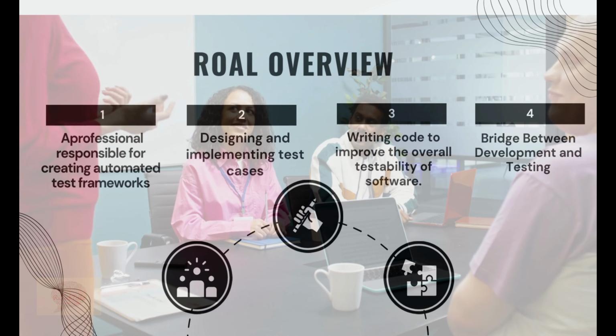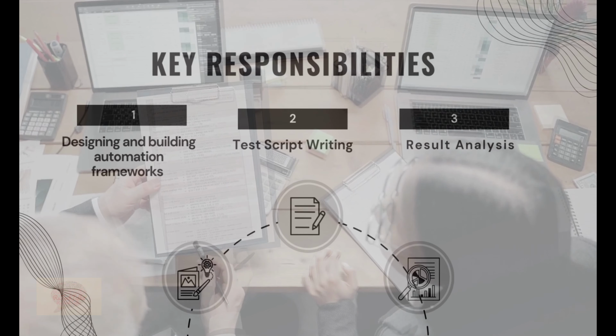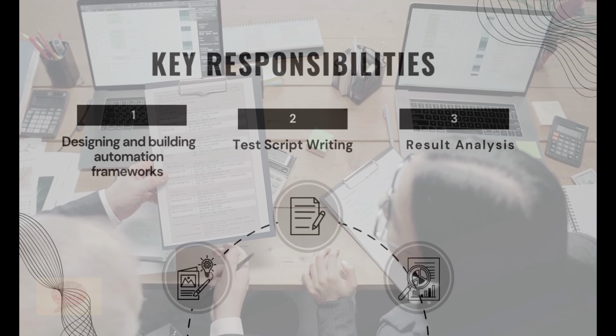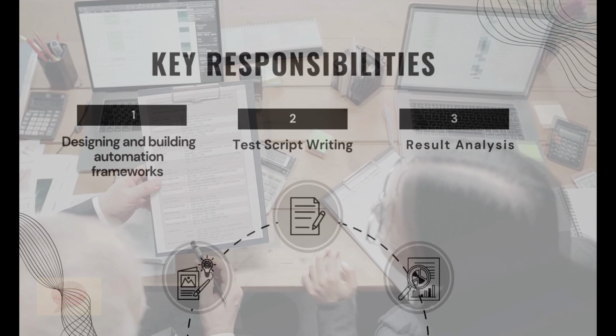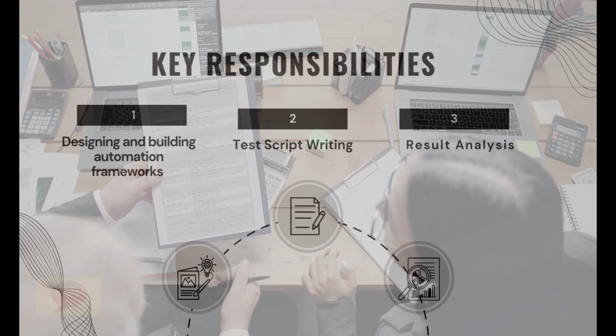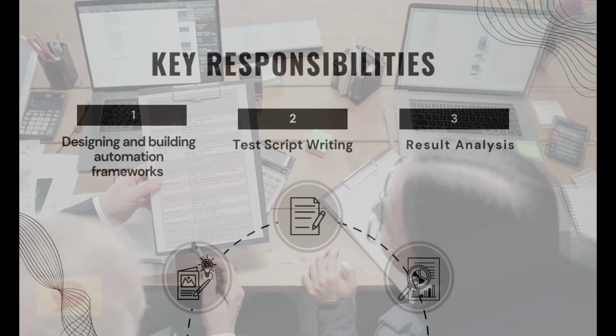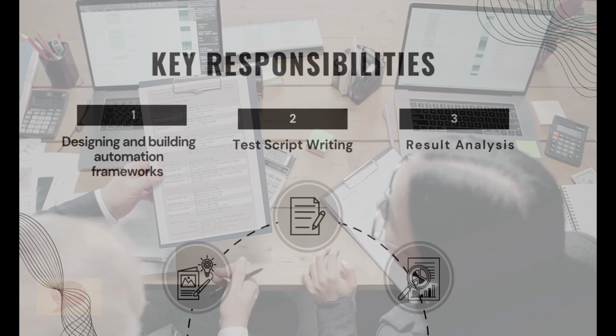Let's learn about the key responsibilities of the SDET. Key responsibilities are obviously designing and building the automation framework, test script writing, and result analysis. These are the main responsibilities of any person working as an SDET.